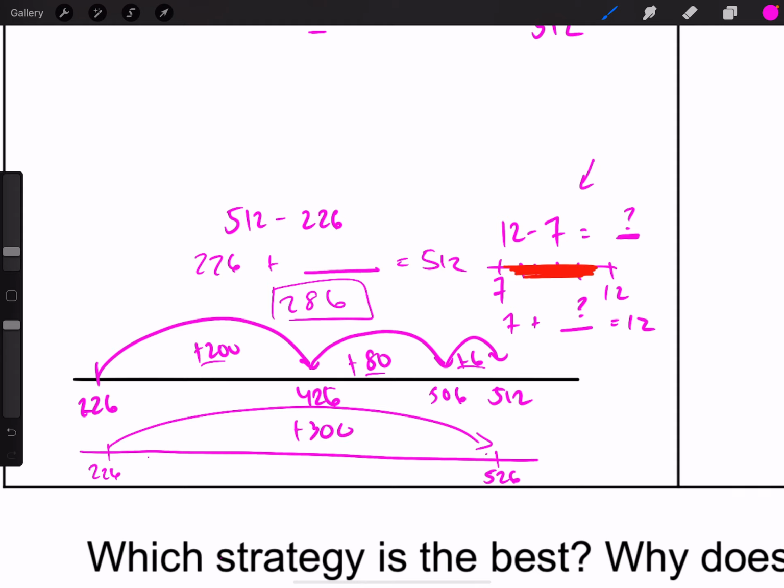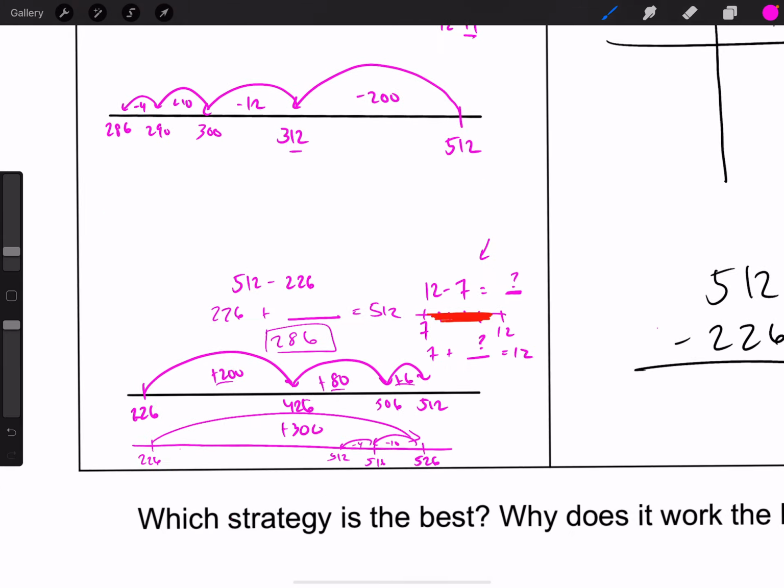And then I could have gone backwards 10 to 516 and backwards 4 more to 512. So I jumped up 300, I went back 10, which is 290, and then I went back 4 more, which is 286. Again, that's one of the more advanced strategies because you're breaking apart all these numbers. But that can also be a very efficient strategy depending on the numbers. So that's the counting up strategy.